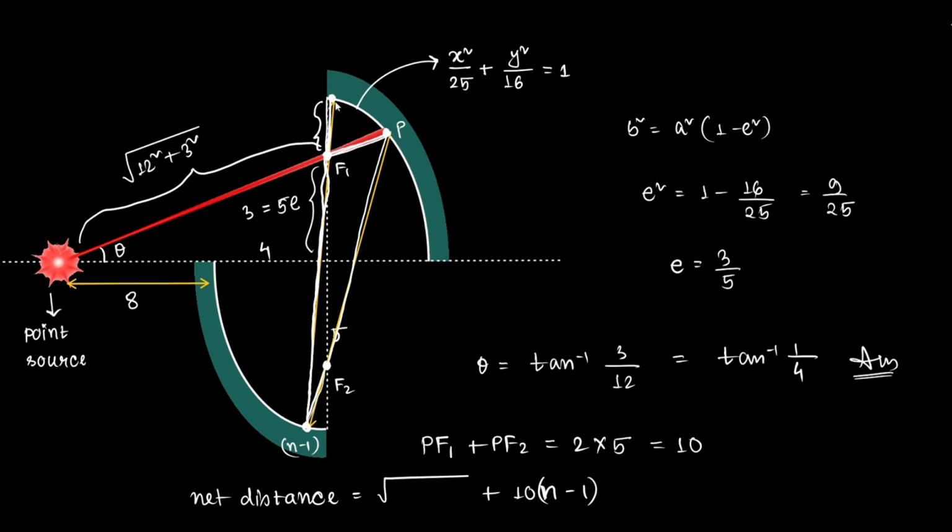Here it will do the nth reflection. So we have to calculate the distance from here to here. That is 2, because it's almost parallel to this major axis, and this length is 3, so this remaining length is 2. So add 2. So this is the answer. Simplify it on your own and you will get the simplified answer.